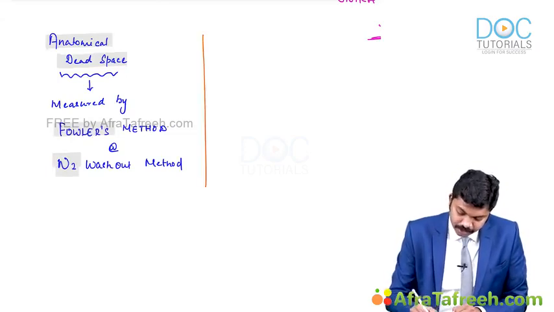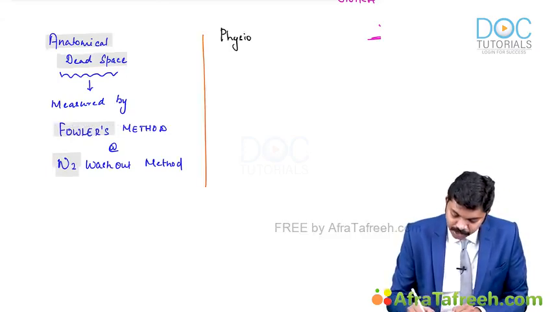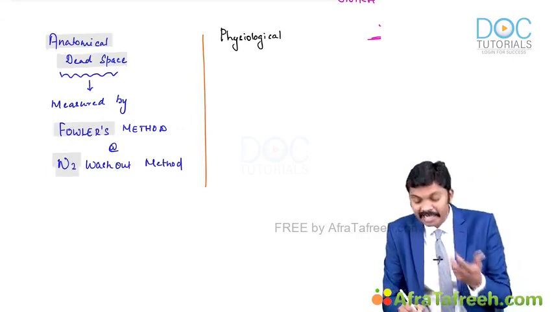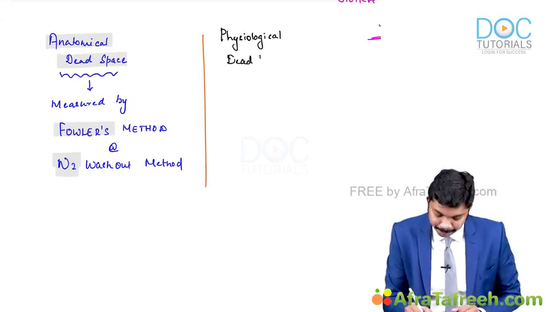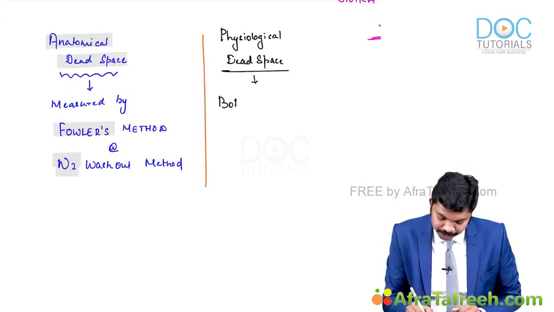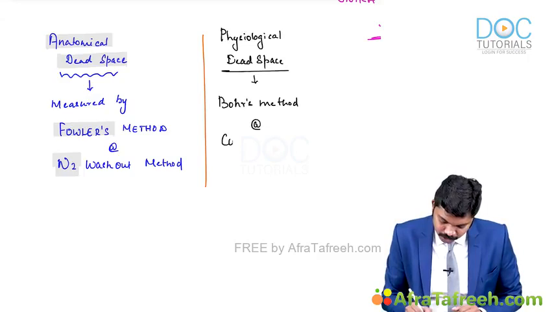On the other hand, if we take up physiological dead space, as I just told you, we cannot measure alveolar dead space independently. So, physiological dead space is measured by a method called Bohr's method, also called the carbon dioxide washout method.